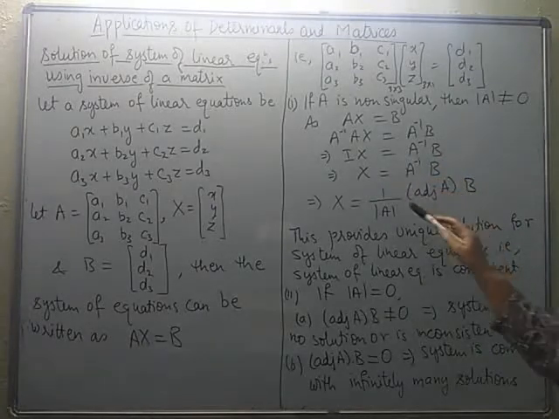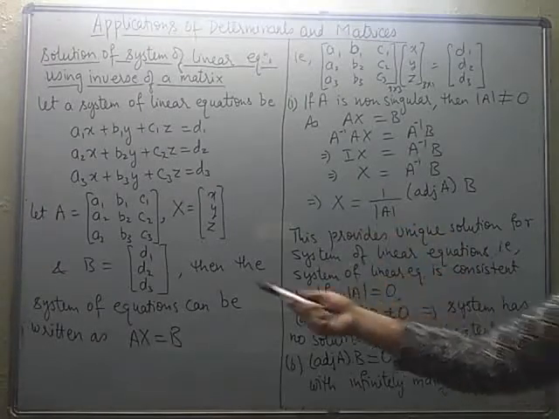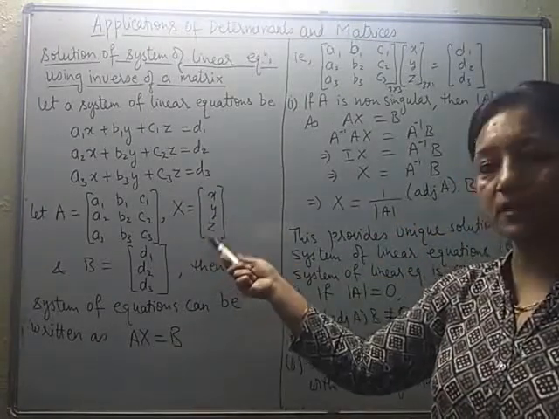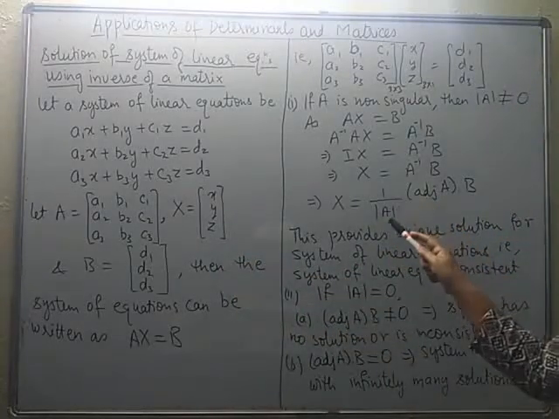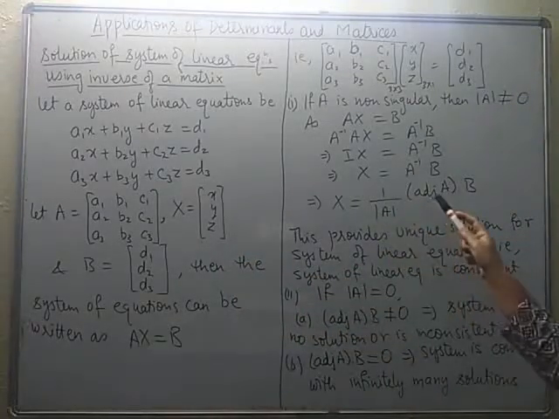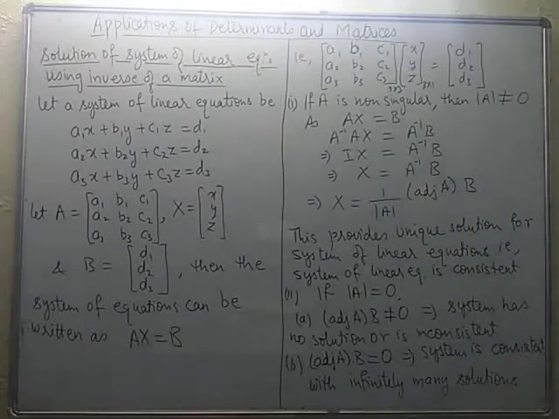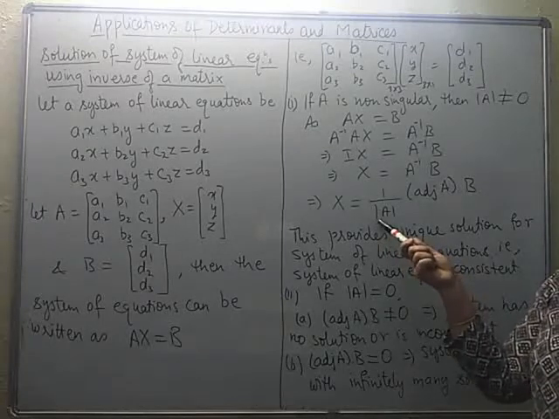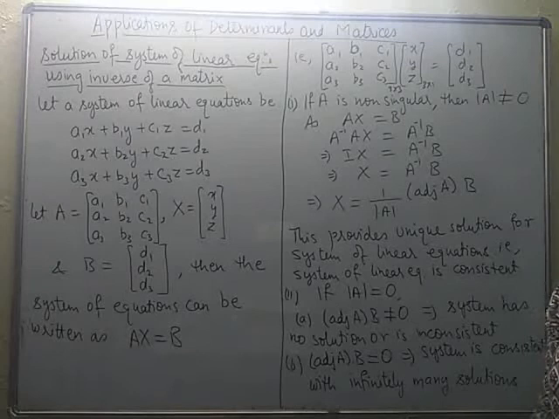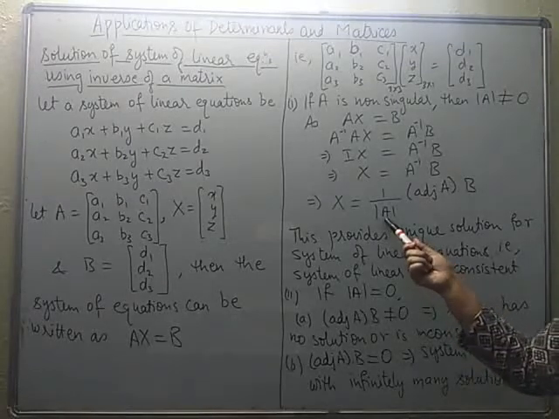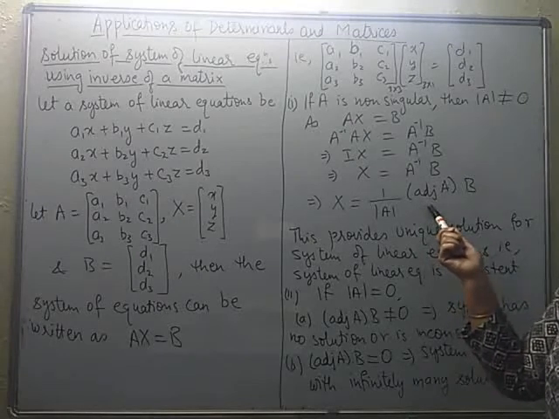We know how to evaluate A inverse. It is adjoint of A divided by determinant of A. So X, which is denoting the matrix of variables we are interested in knowing, will be equal to 1 over determinant of A multiplied with the product of adjoint of A into B. So what we have to do? We will first quickly check the determinant of A. Firstly, it should not be equal to 0. Then only we will proceed. If it is not equal to 0, you find the adjoint of A by evaluating all the cofactors.